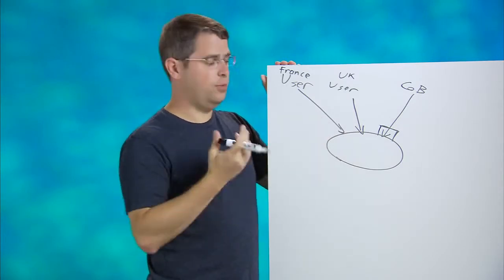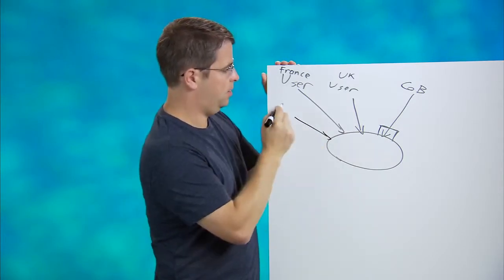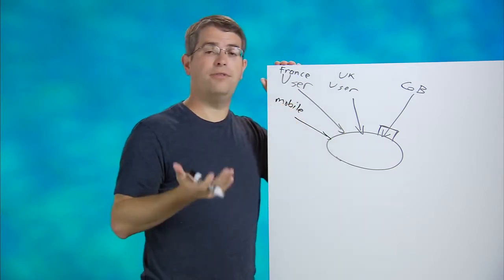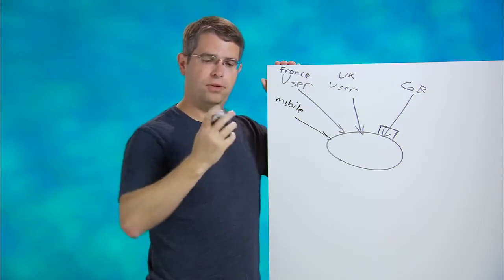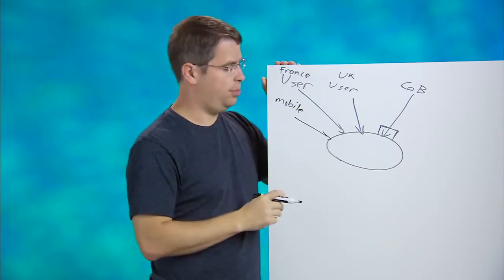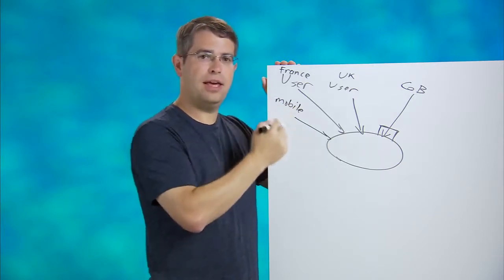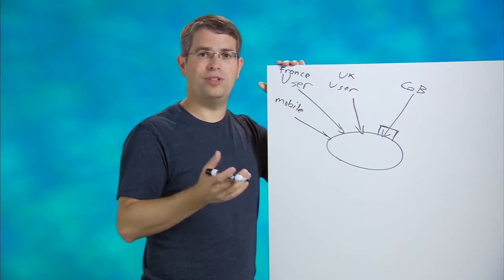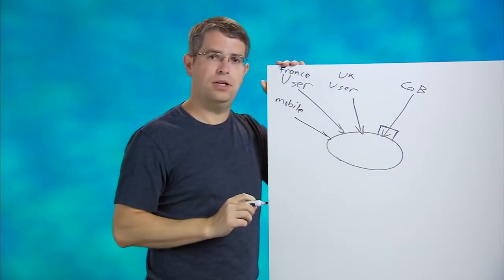In the same way, if someone now comes in, and let's say that they're coming in from a mobile phone, so they're accessing it via an iPhone or an Android phone, and you can figure out, okay, that is a completely different user agent. It's got completely different capabilities. It's totally fine to respond to that user agent and give them a more squeezed version of the website or something that fits better on a smaller screen.